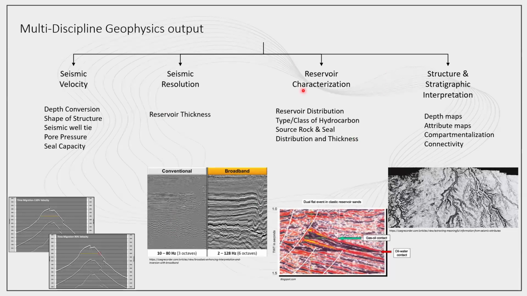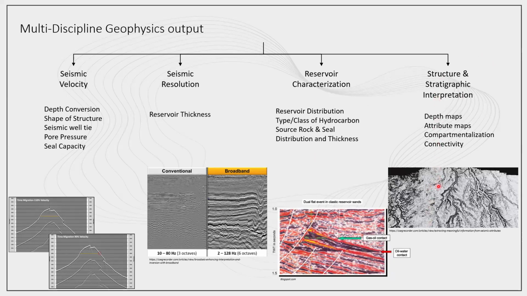Reservoir characterization, the same. Can we see the flat spot here? In that example, we can see two flat spots, two contacts: the gas oil contact and the oil water contact. Can we see that on seismic or not? If we couldn't see it, how can we describe our reservoir, our source rock and our seal?